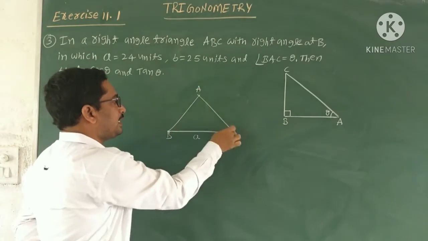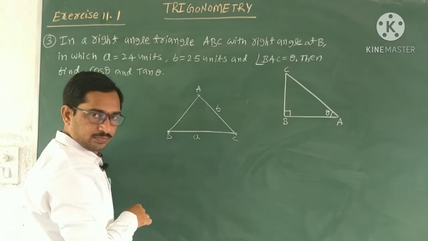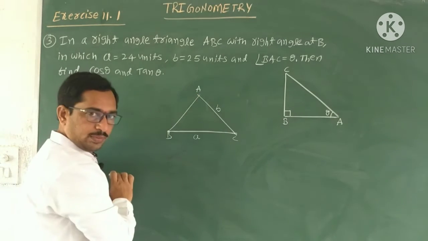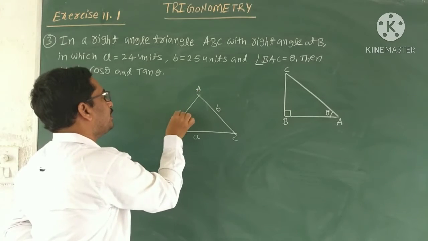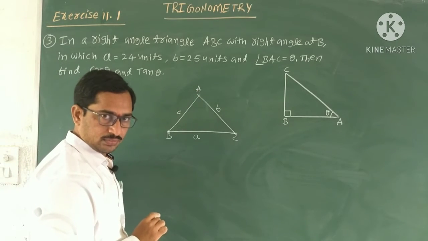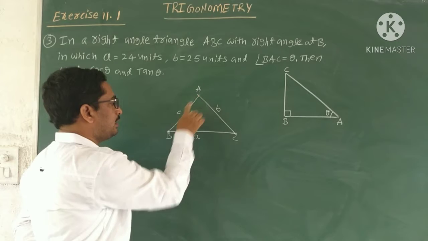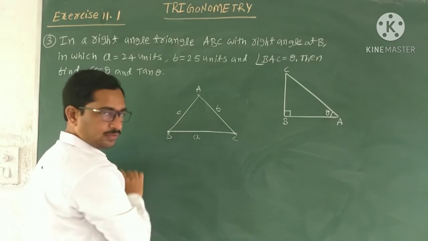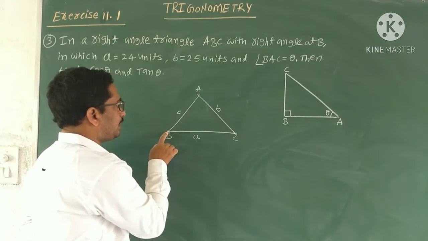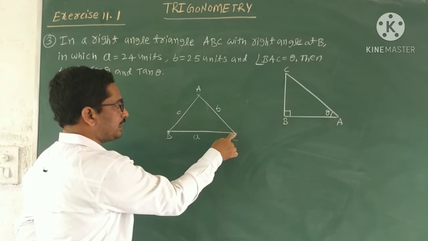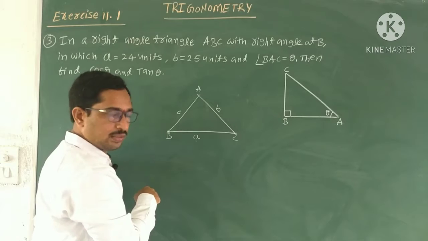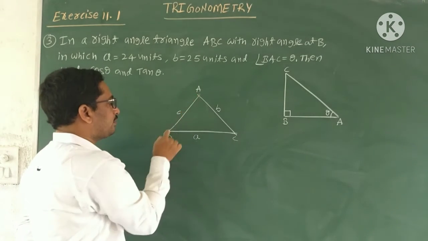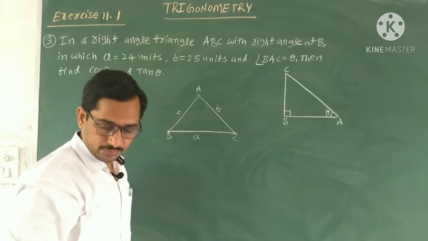So the length of AC we denote with small b. Here the vertex C, its opposite side is AB, and the length of AB we denote with small c. Say once again, here the vertex A, its opposite side length BC we denote with small a. Here the vertex B, its opposite side is AC, its length we denote with small b. Here the vertex C, its opposite side is AB, and the length of AB we denote with small c.